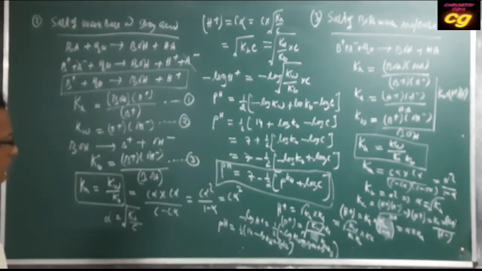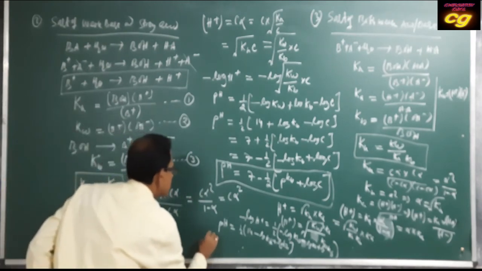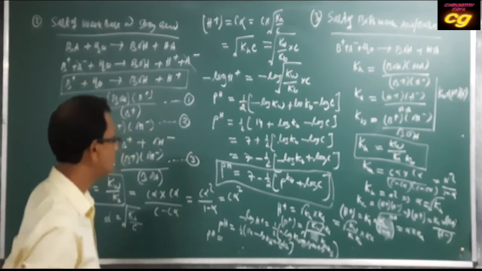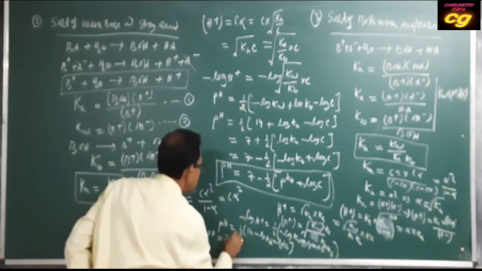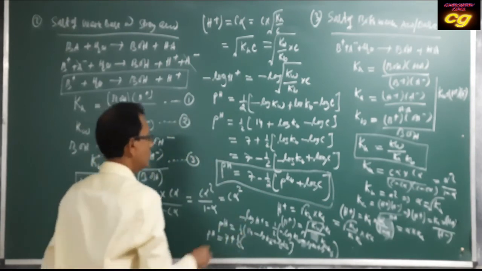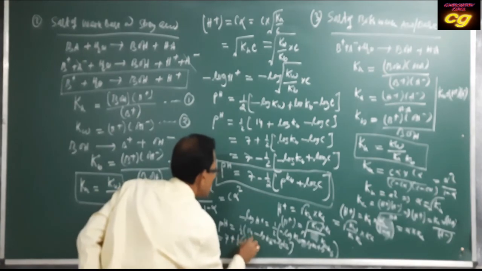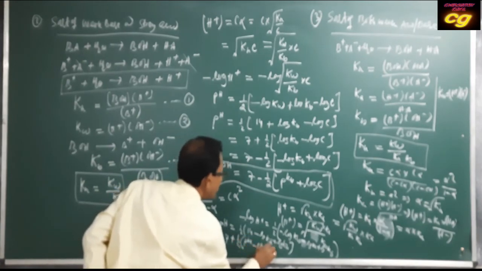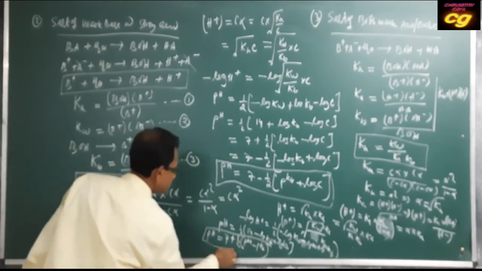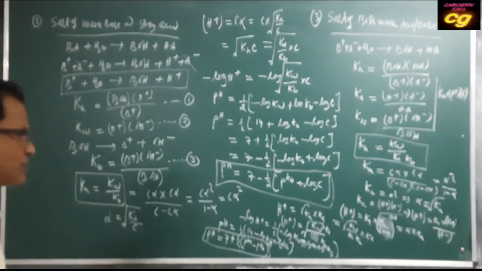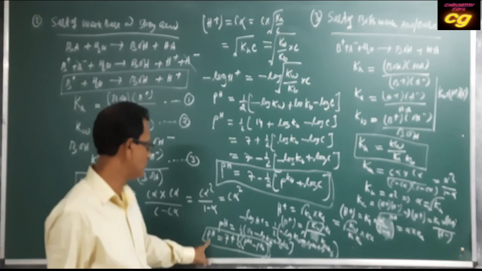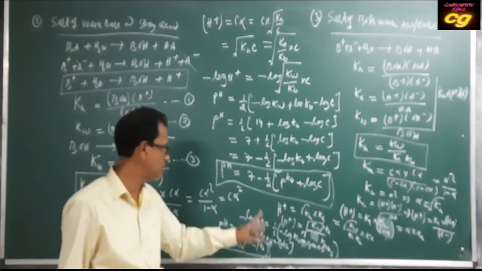So this result, if you take 7, then plus half of pKa minus pKb. So this is the derivation of calculation of pH value of salt of weak acid and weak base. So pH is equal to 7 plus half pKa minus pKb.